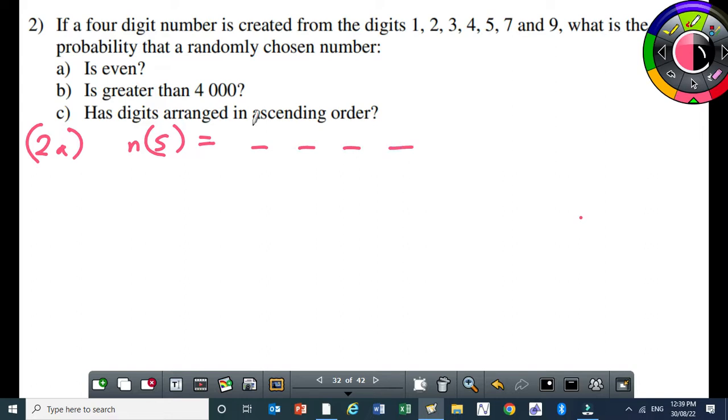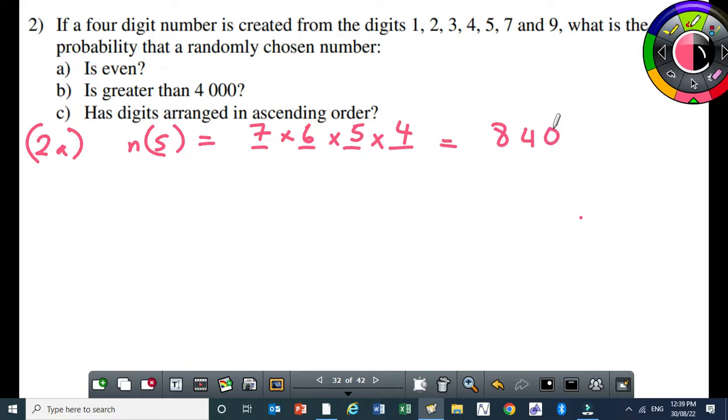So the first position, all 7 we take, then 6, then 5, and then 4. Can you multiply that and tell me the answer? 840. That's the correct one.